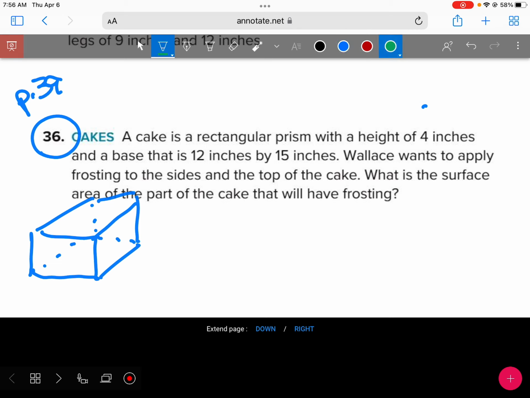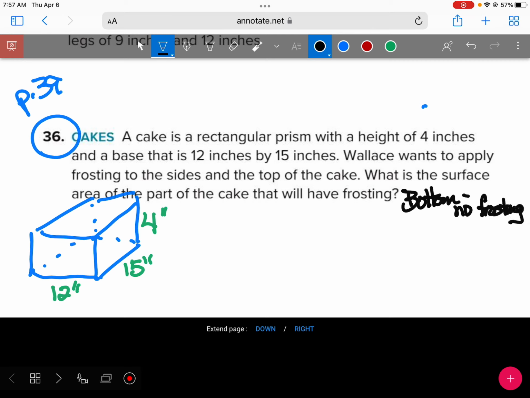It has a height of 4 inches, a base that is 12 inches by 15 inches. Wallace wants to apply frosting to the sides and the top of the cake. What is the surface area of the part of the cake that will have frosting? Well, first of all, is there a part that will not have frosting? And what would that part be? The bottom. The bottom has no frosting. So we need to keep that in mind.